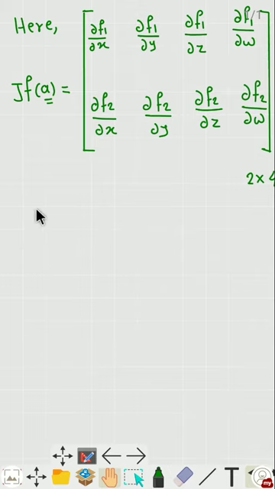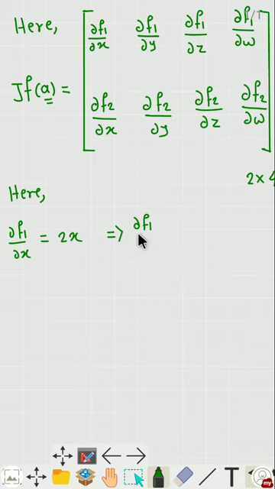Okay, so you will observe that the first partial derivative, dou f1 by dou x, is 2x, and its value at point A is 6.